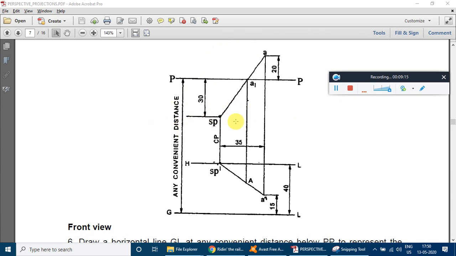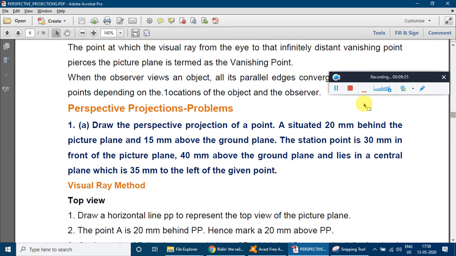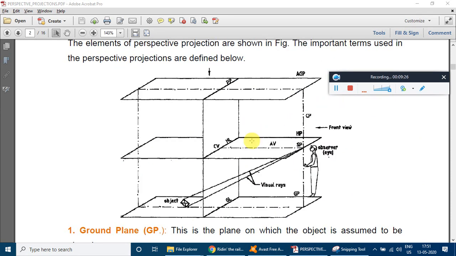And next they have stated the horizon line, that is, the station point is 30 mm in front, and it is 40 mm above the ground line. So that 40 mm is your horizon line, HL.